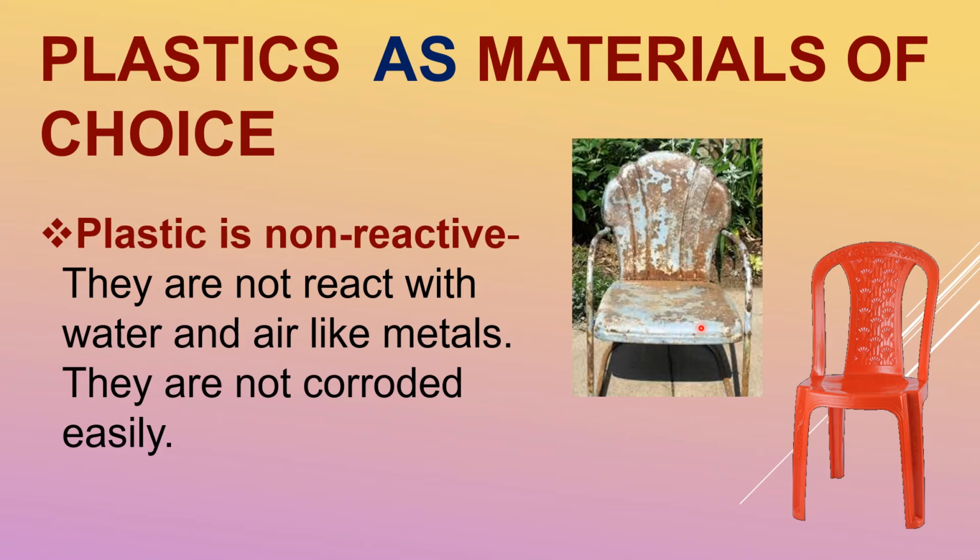How does that rust come there? Because the iron reacts with water and air, and rust is formed. That is corrosion, which destroys the iron chair. But what about the plastic chair?